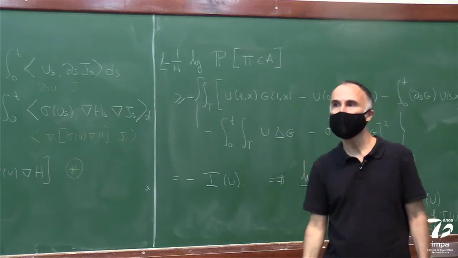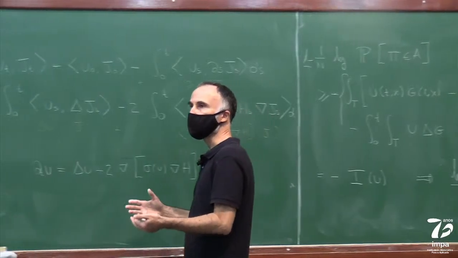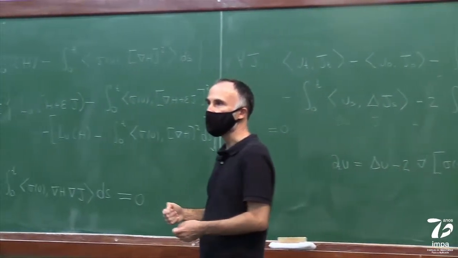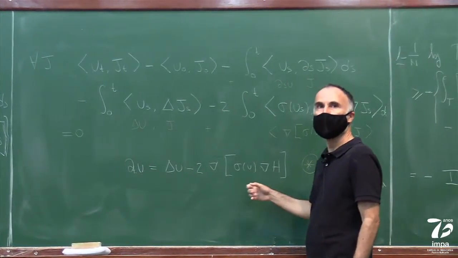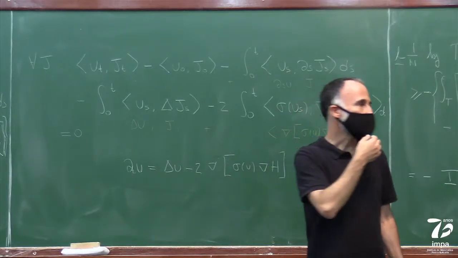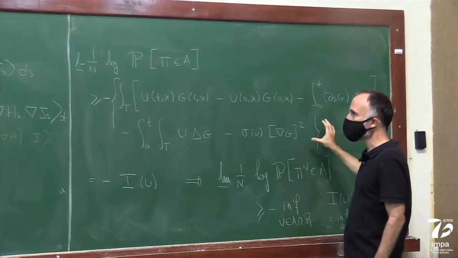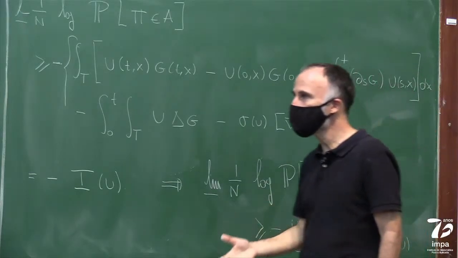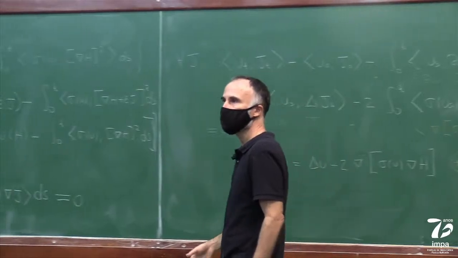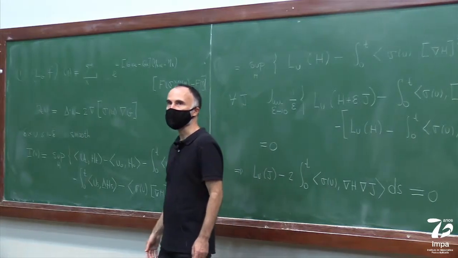Okay? Right? So how did I start the proof of the lower bound? I fixed u, and I solved this equation. I obtained g. So I changed my measure with g. I computed the lower bound, and I found this expression for the lower bound. Okay, but this is exactly I of u, because what is I of u? It's given by this variational formula. But I found the h which maximizes this expression.